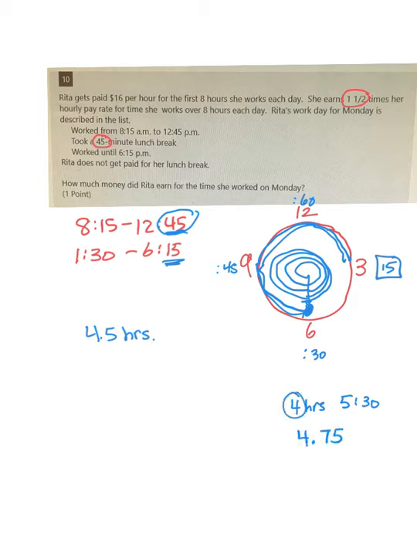So we had the 4 hours that got us to 5:30, and then we had to go 3/4 of the way around again to get to 6:15. If we'd gone a full hour, it would be 6:30, and that's not what she worked. All right, so she worked 4.5 hours in the morning, and then she worked 4 3/4 hours after lunch.